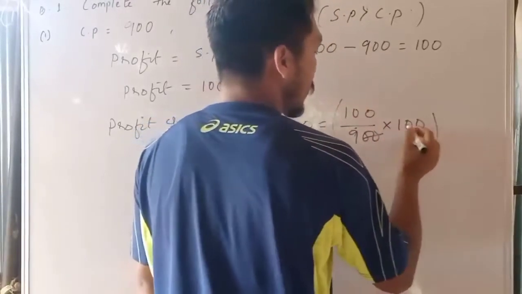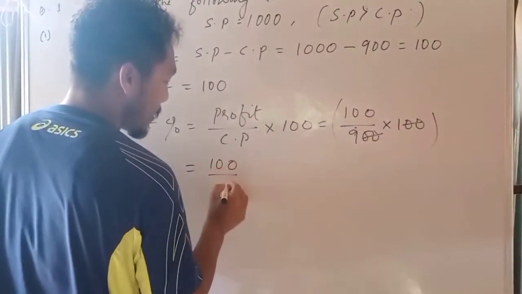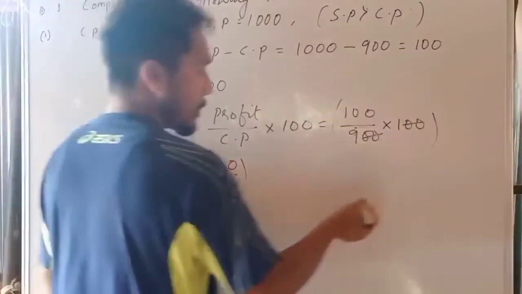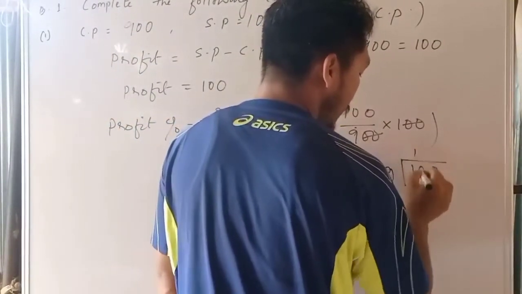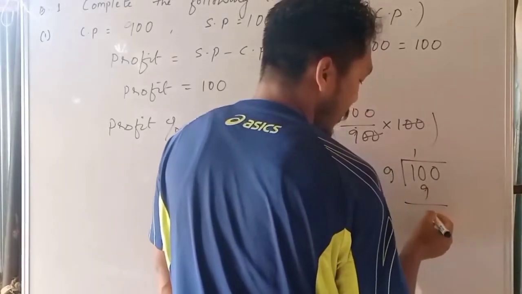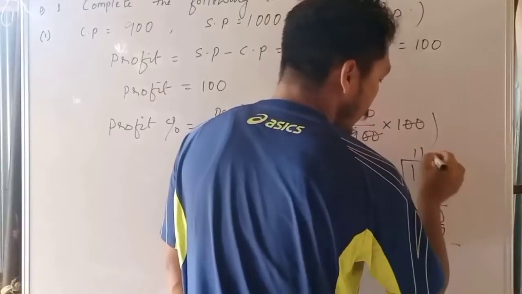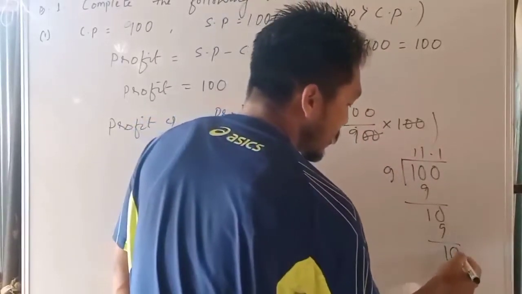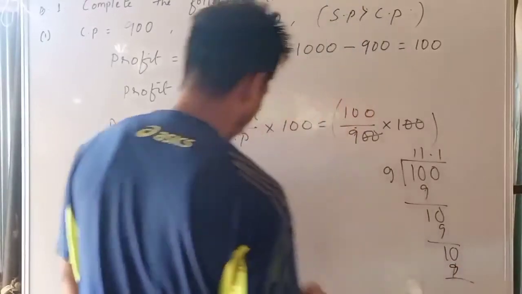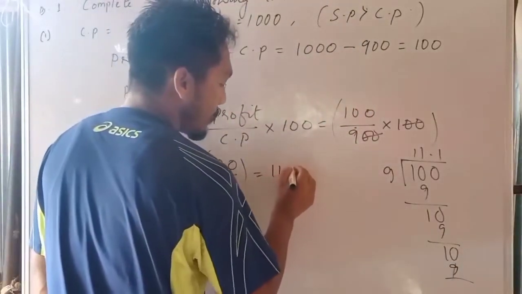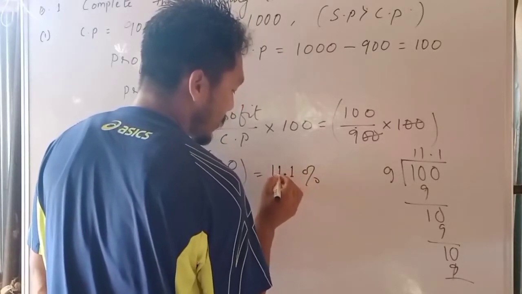The zeros cancel, so we get 100 divided by 9. 9 ones are 9, subtract, we get 1, 0, again 9 ones are 9, again 1. So your answer is 11.1, I'm sorry. 11.1% is your profit percent.